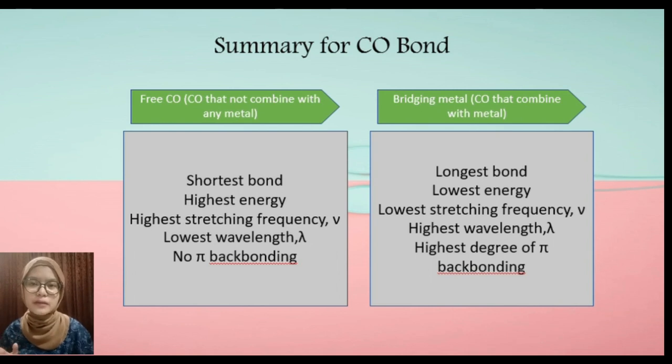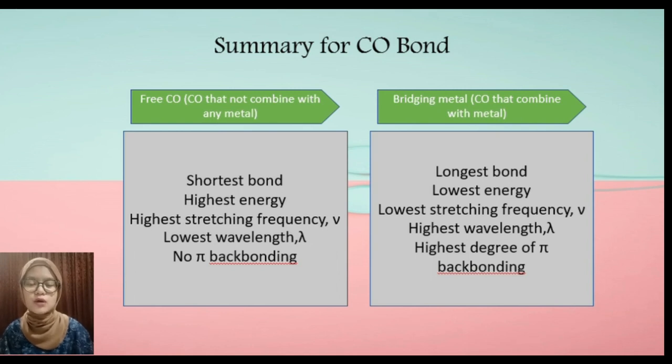There is no pi back bonding occurring from metal to the pi star LUMO of CO. Free CO is the strongest and shortest bond, resulting in the highest energy and stretching frequency, but lowest in wavelength. Consider the Planck's equation, which is E equals hv, also equal to hc over lambda.